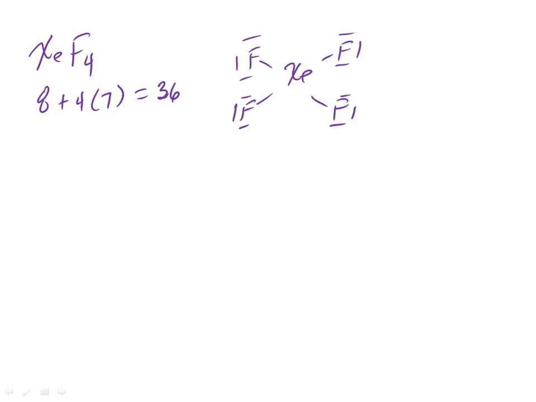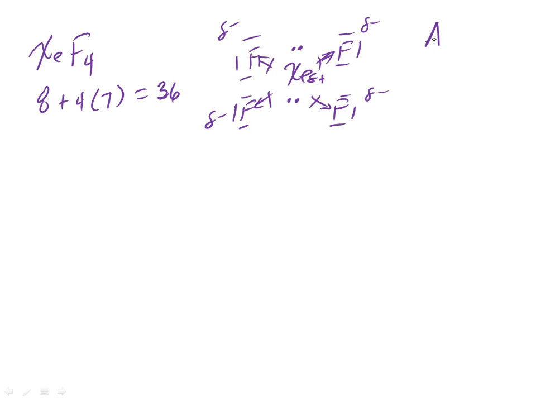So right there is 32, and then there's 34, and then there's 36. Remember, the lone pairs, the extra pairs, always go on the central atom. So we know that the fluorines are more electronegative than the xenon. So partial negatives on the fluorines, partial positive on the xenon. So that does it for the Lewis structure.